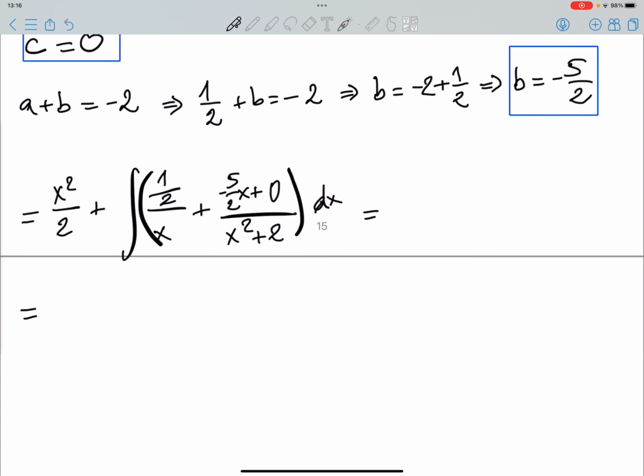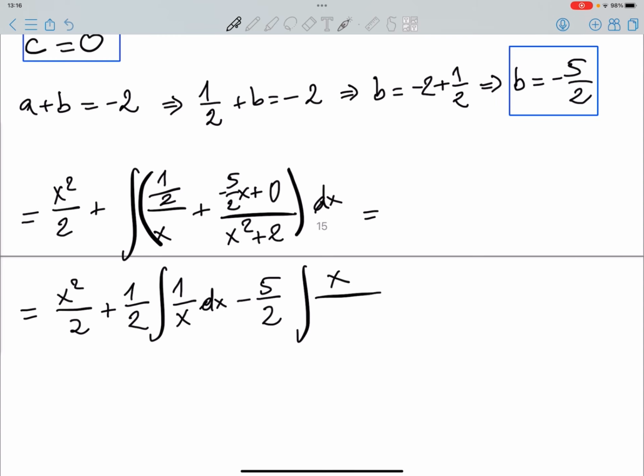So this is equal to x squared over 2 plus 1/2, and we have the integration of 1 over x with respect to x, and then we have -5/2 integration of x over x squared plus 2 with respect to x.